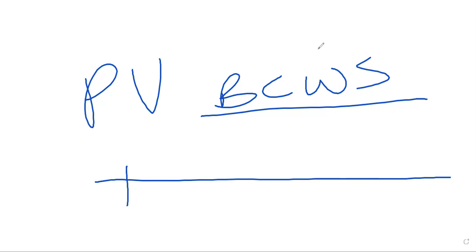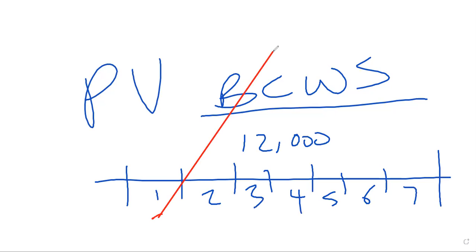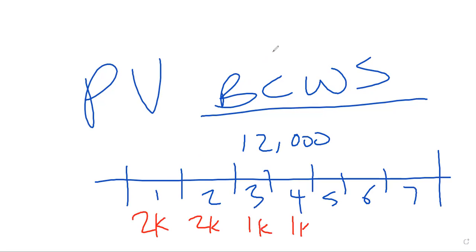So if we draw out our map again of our $12,000 budget, and we say month 1, month 2, month 3, 4, 5, 6, and 7, and we say 2,000, 2,000, 1,000, 1,000, 2, 2, 2. When we say budgeted cost of work scheduled, this is our planned value for month 1.